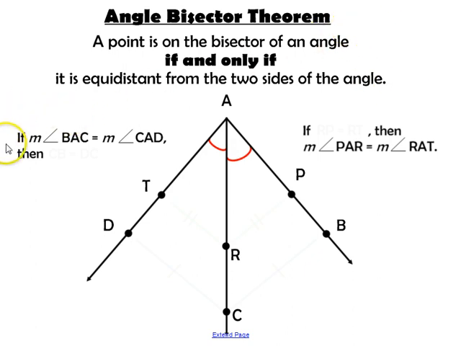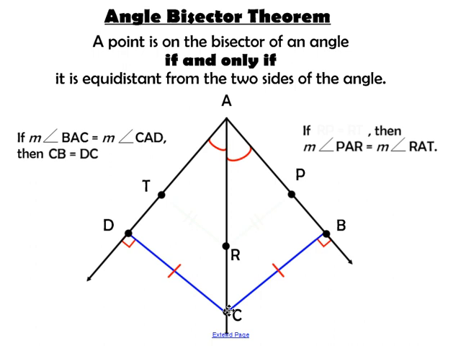For the conditional, it states that if the measure of angle BAC, that's this angle here, is equal to the measure of angle CAD, that's this angle here, then point C is going to be equidistant from the sides of the angle.